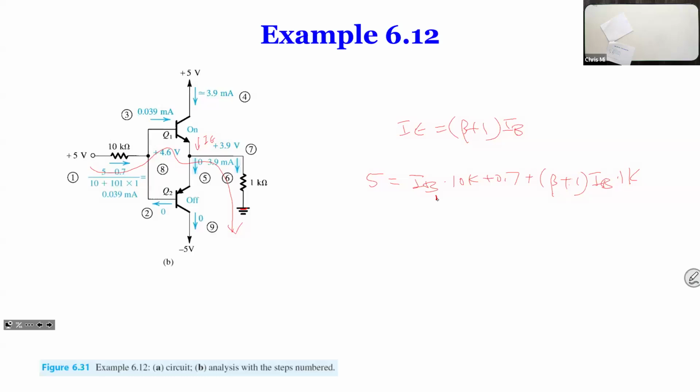Very good. So here you can see IB is going to be 5 minus 0.7 divided by 10 plus this 101 times 1. So that is the equation for this one.